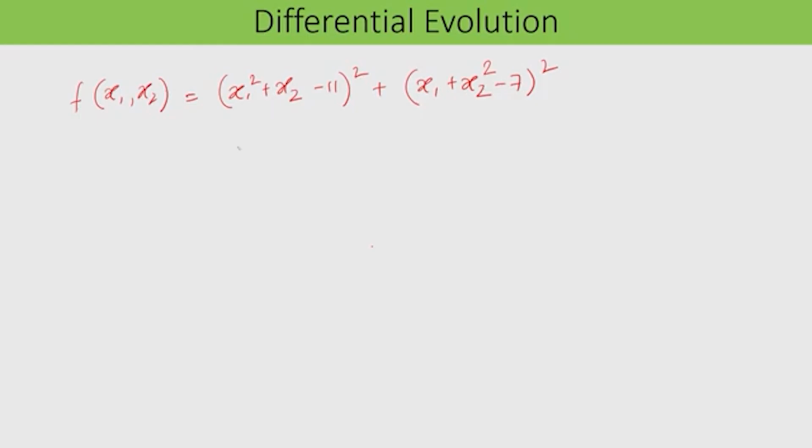If I take the range of x1, x2 between 0 and 5, x1 star equals 3 and x2 star equals 2. So, I should get this particular solution. Let us see if I apply DE, whether I will get the solution or not.